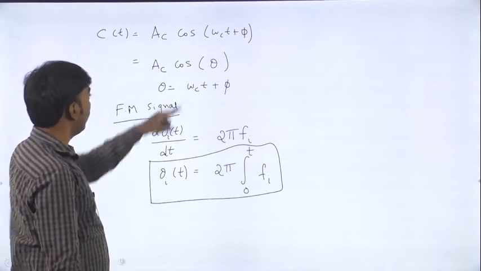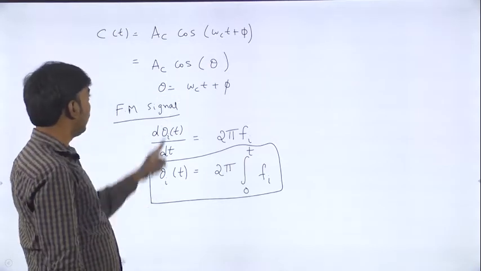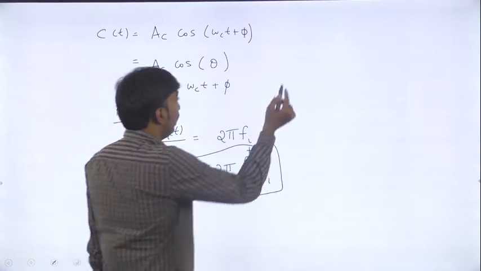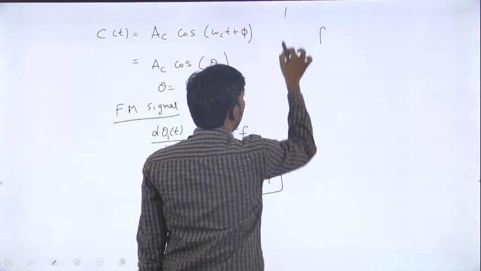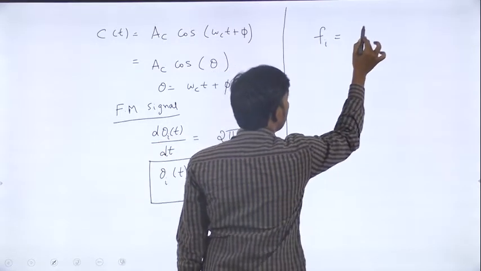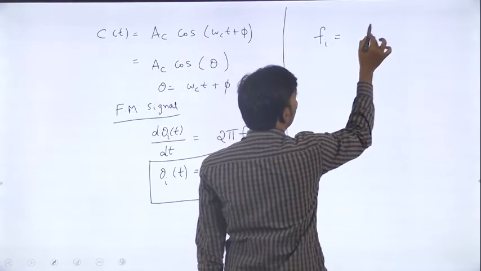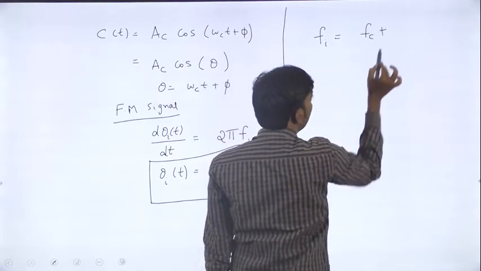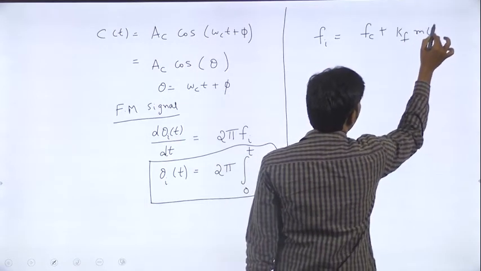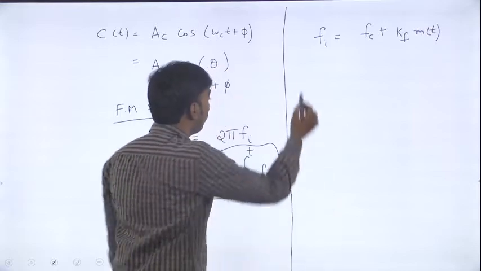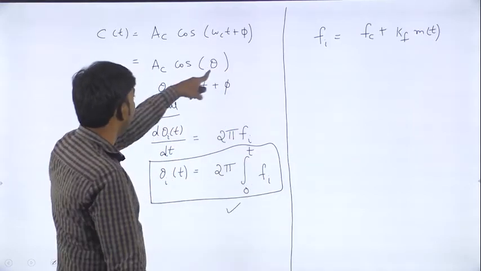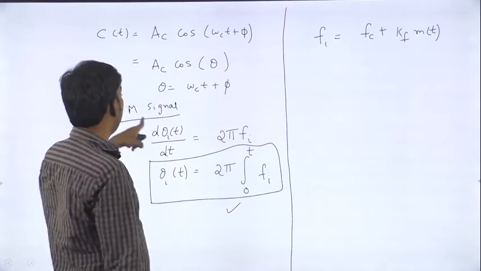And now what is Fi? From the earlier explanation in frequency modulation, Fi is always equal to Fc plus Kf into m of t. That I am going to substitute in theta i of t. Later I will replace this in here, and now I will get the FM signal.